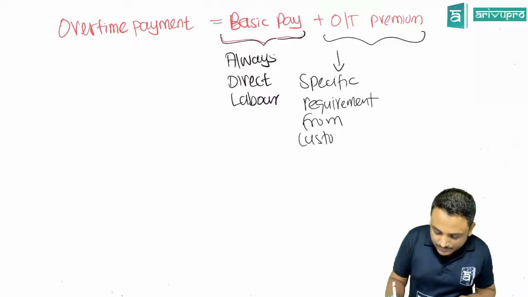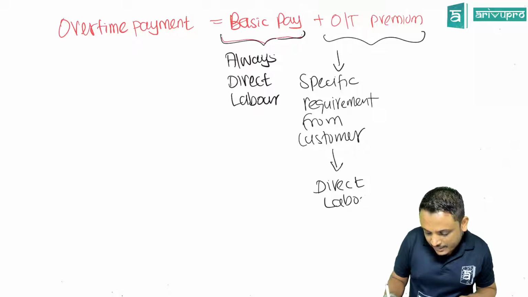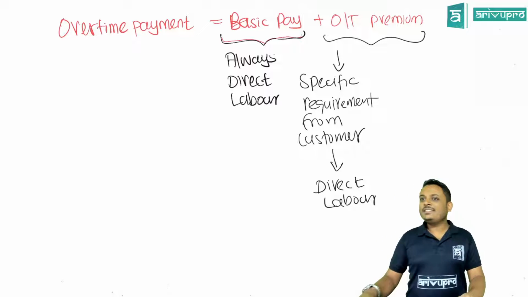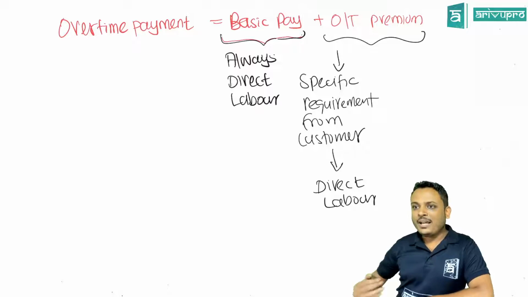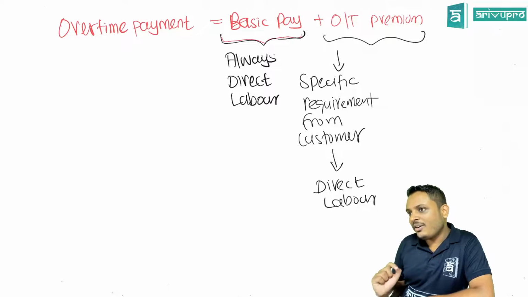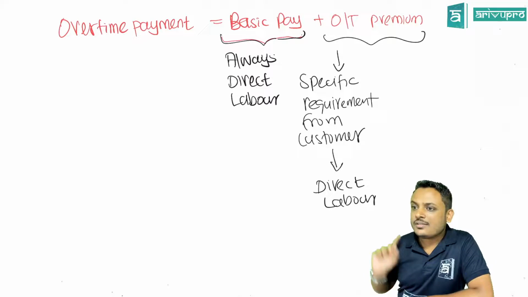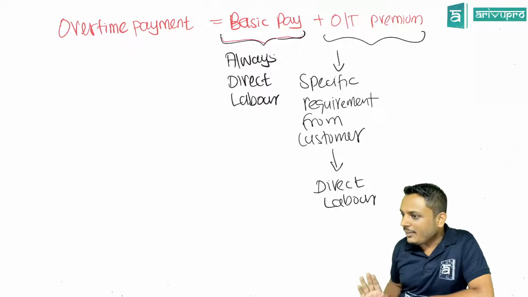Customer. Then overtime premium is what? Direct labor. Is it understood? It's my specific requirement. Because of my requirement only that overtime arose. Otherwise, standard working days 20 days. You understood what I'm saying?